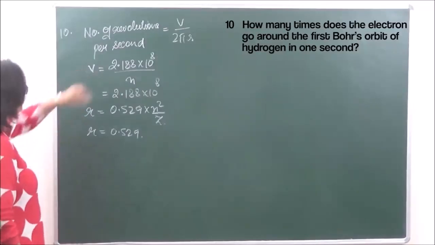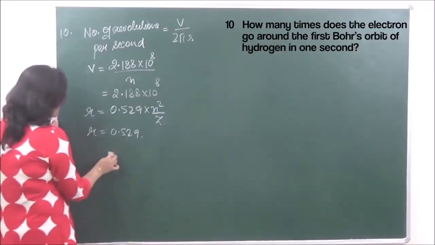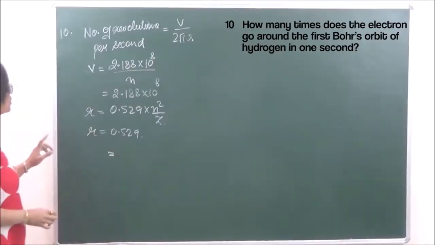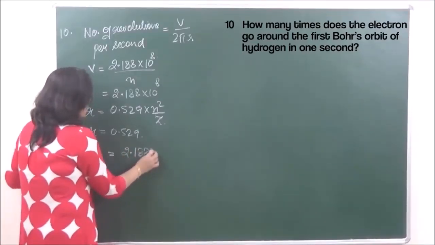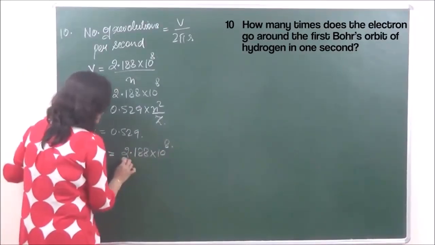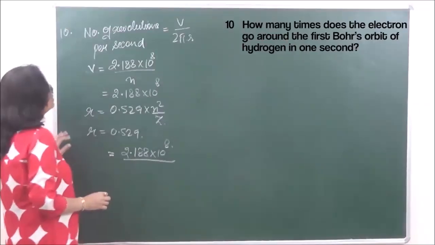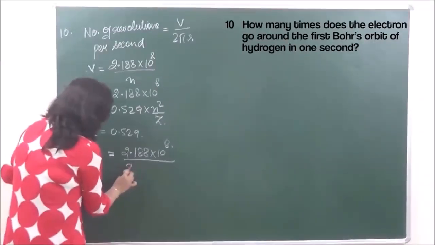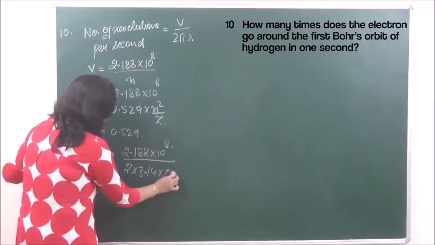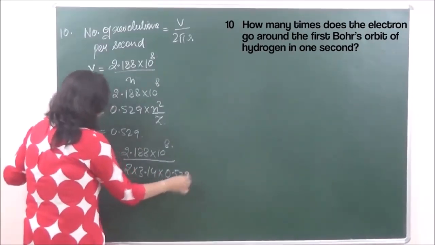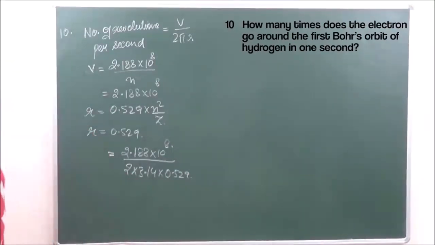Let's put the values for the number of revolutions. What is velocity? Velocity given to us is 2.188 into 10 raised to power 8 upon 2 into 3.14 into 0.529. Okay?